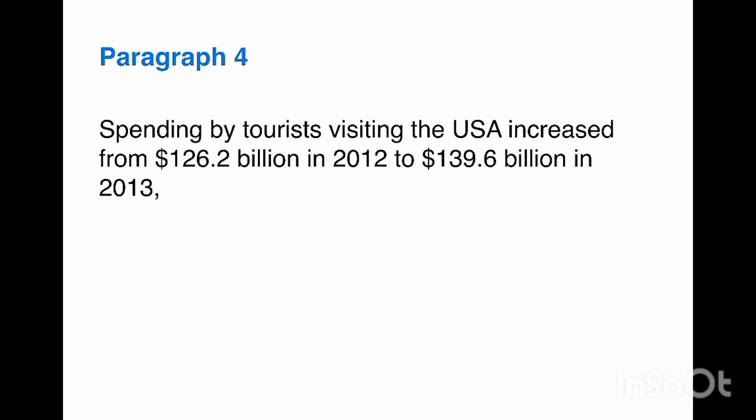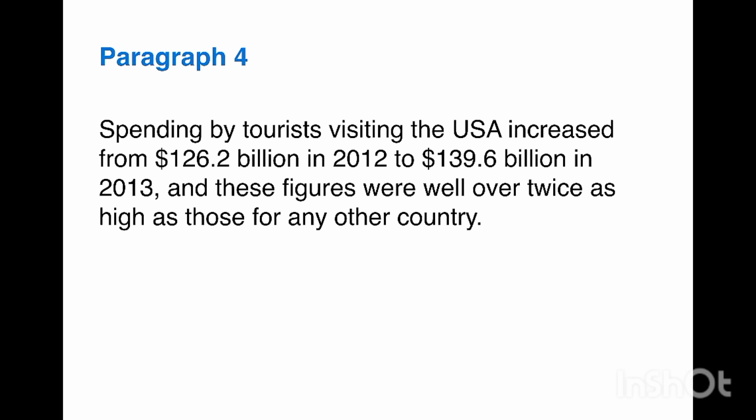Spending by tourists visiting the USA increased from $126.2 billion in 2012 to $139.6 billion in 2013. And these figures were well over twice as high as those for any other country. So starting off with the highest numbers for the USA.